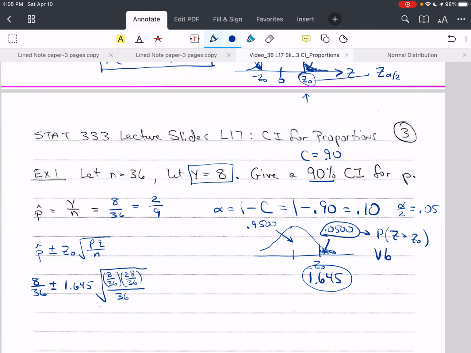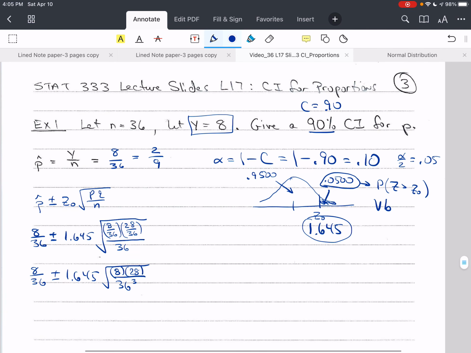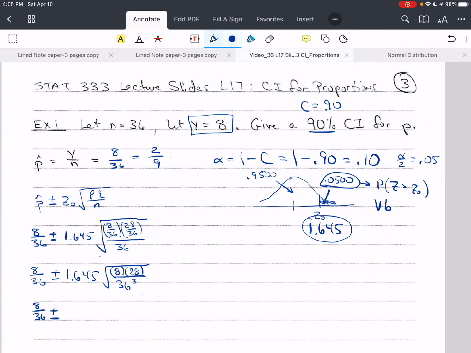Now, since we're all mathematicians, I hope this is not too difficult for you to see. When you're using fractions, it's a lot easier to write this as whatever the fraction denominator is, cubed, and then 8 times 28. That's a lot easier for me to put in my calculator. So I have 8 over 36 plus or minus. I'm going to calculate this right now.